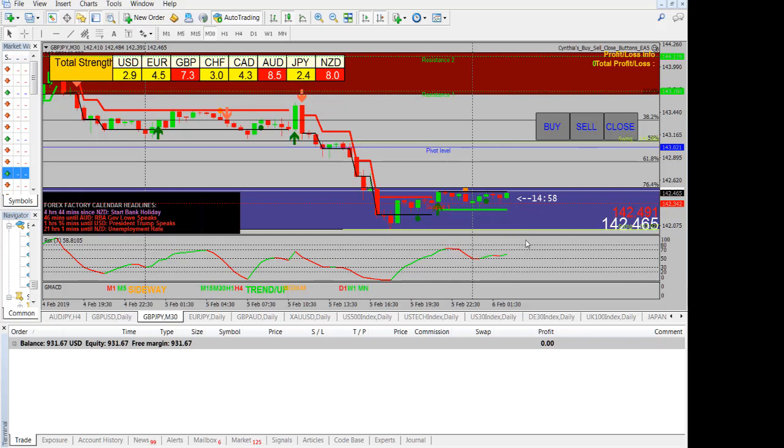So people are buying the pound and selling the yen at the same time, and that makes the currency pair go up, because the base currency is the pound and the cross currency is the yen. So that's making this pair go up.